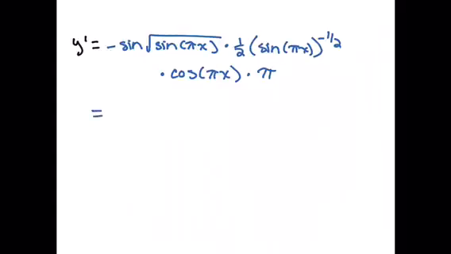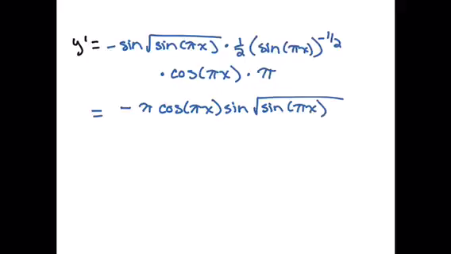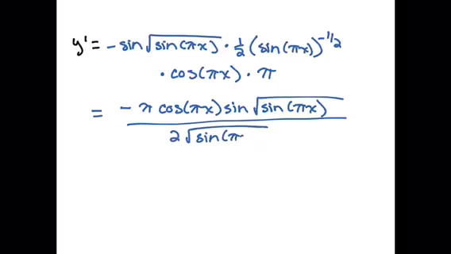And I'm going to write it as negative pi times cosine of pi x times sine of the square root of sine of pi x over 2 times the square root of sine of pi x.